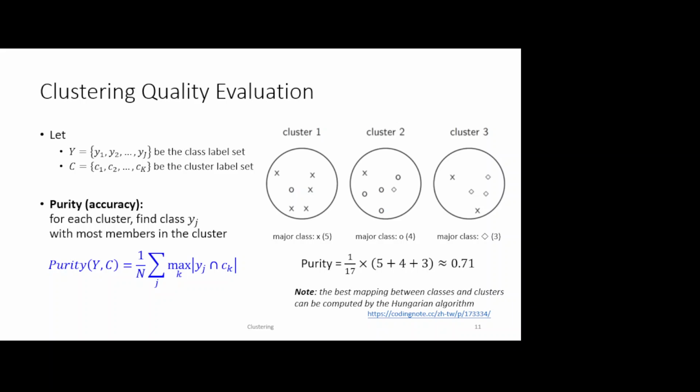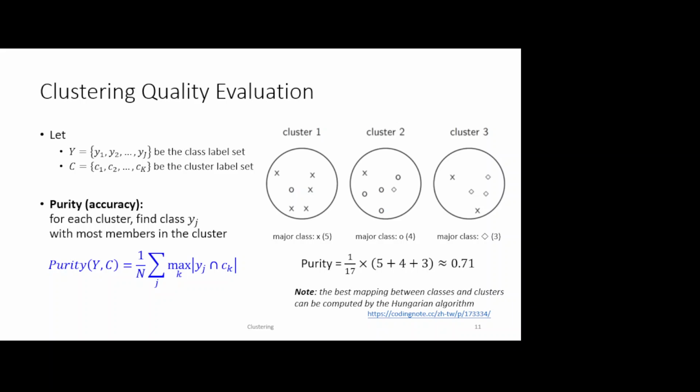Remember, in the training stage, we cannot use the class label, because it's unsupervised. But in evaluation, because you want to evaluate the accuracy, you have to use this class label. So you have the class label for each data point, and based on your clustering algorithm, you generate a cluster label set.